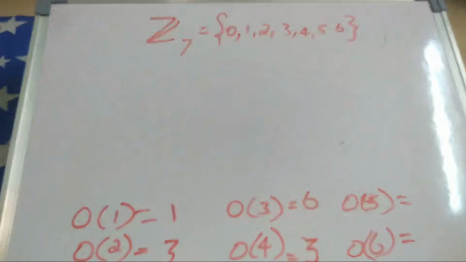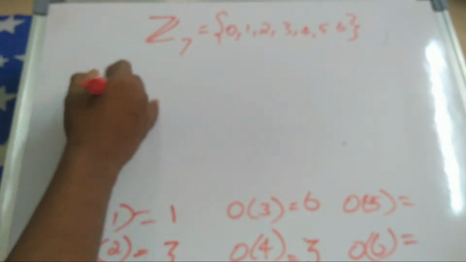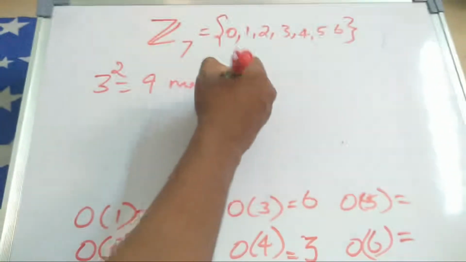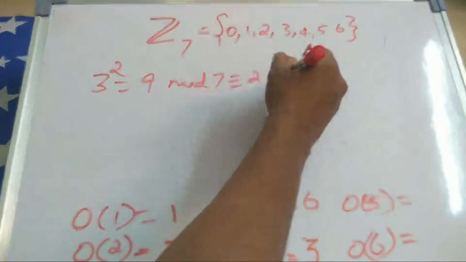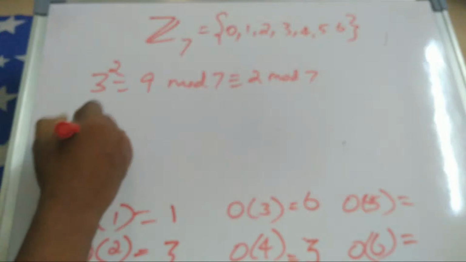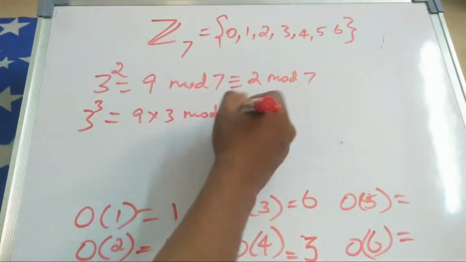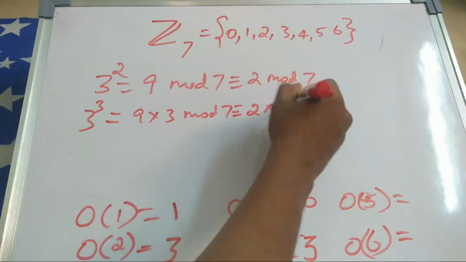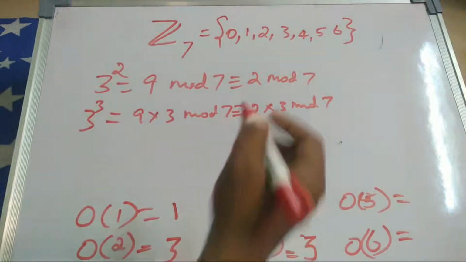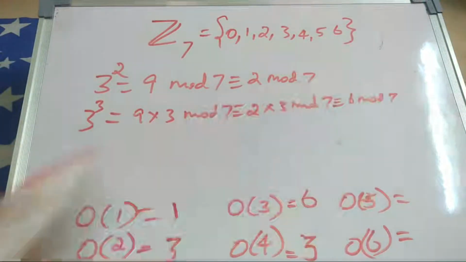Now, 3 square is 9, modulo 7 that is 2. Now, 3 cube is going to be 9 into 3 mod 7, which is the same as 2 into 3 mod 7, that is 6 mod 7.